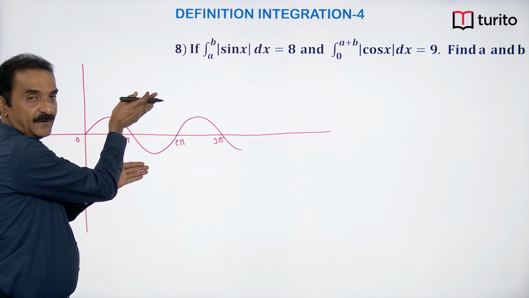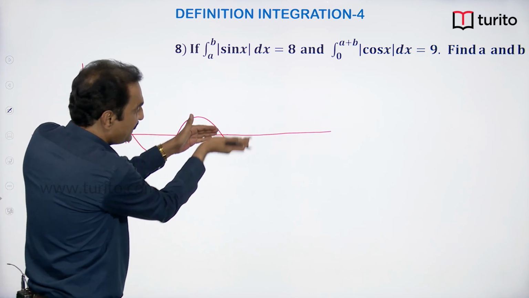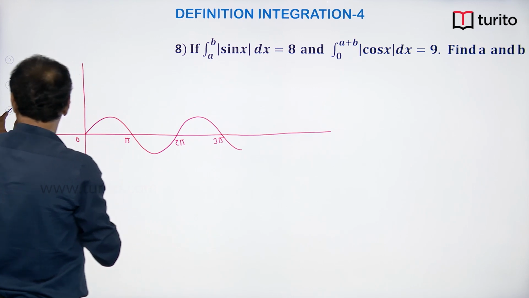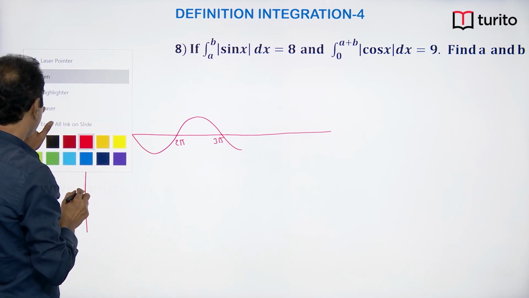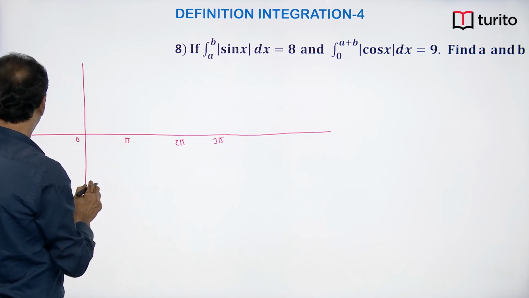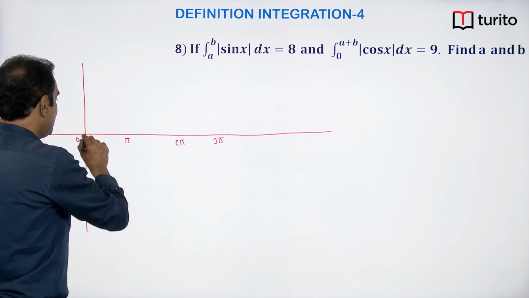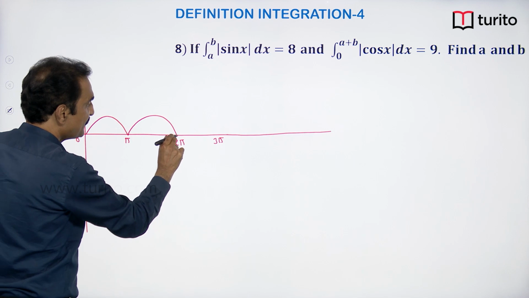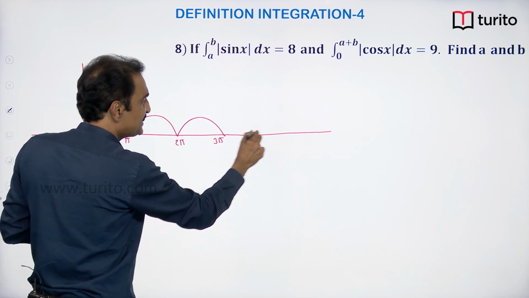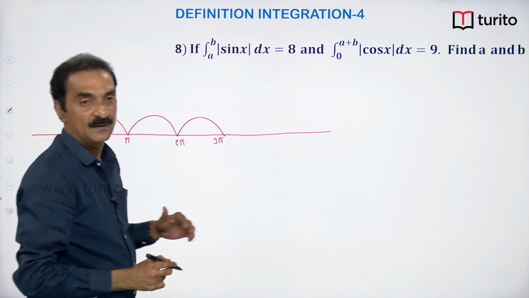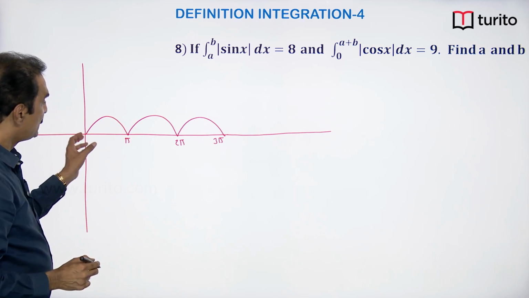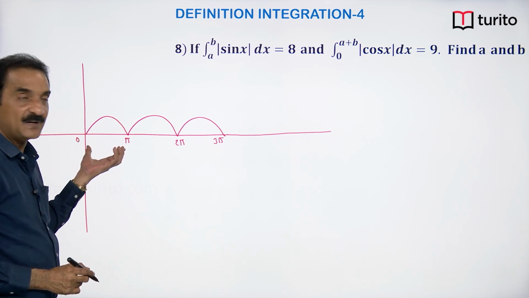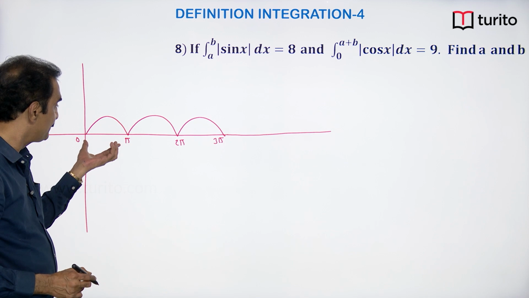This part will get reflected about the x axis, this part will get reflected about the x axis. So the graph of mod sin x will be like this. In this way it continues. Now clearly it is periodic function with period how much? Pi.